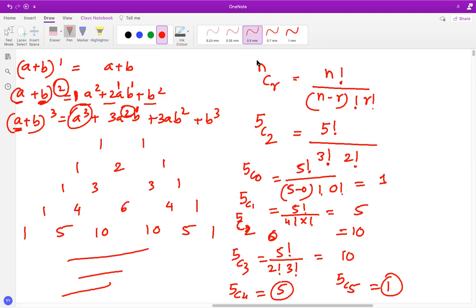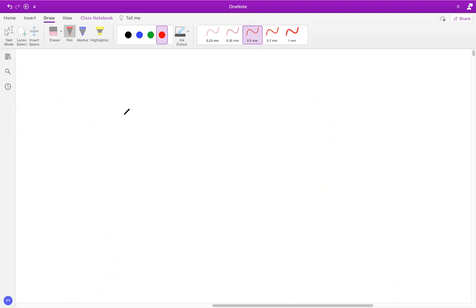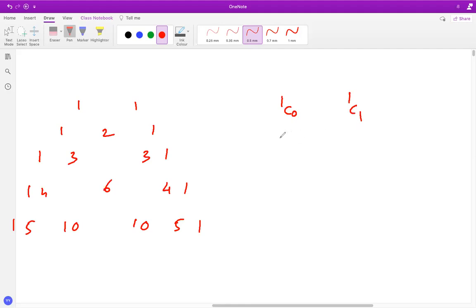So if I summarize this here, I can say 1; 1, 1; 1, 2, 1; 1, 3, 3, 1; 1, 4, 6, 4, 1; 1, 5, 10, 10, 5, 1. Instead of writing like this, I can write 1C0, 1C1, 2C0, 2C1, 2C2, 3C0, 3C1, 3C2, 3C3.